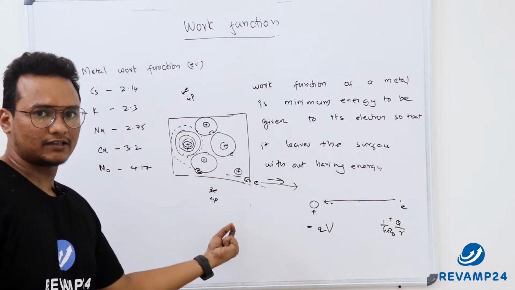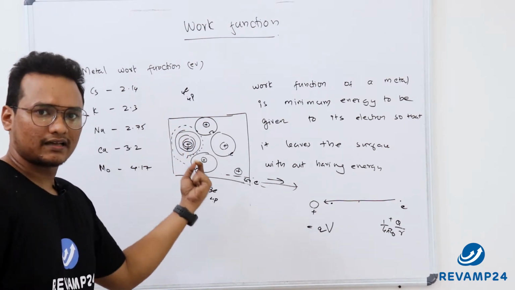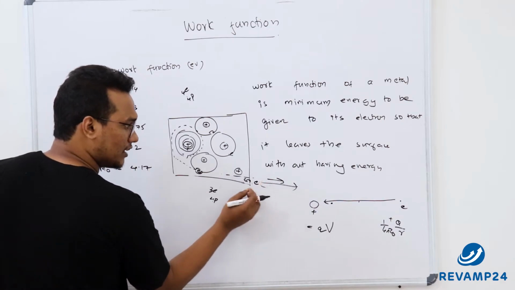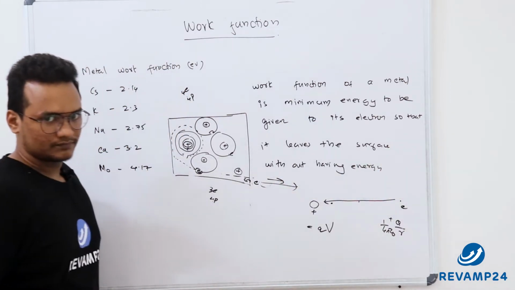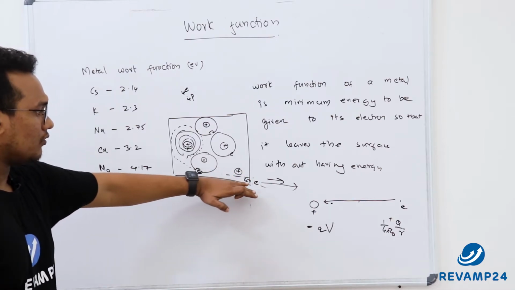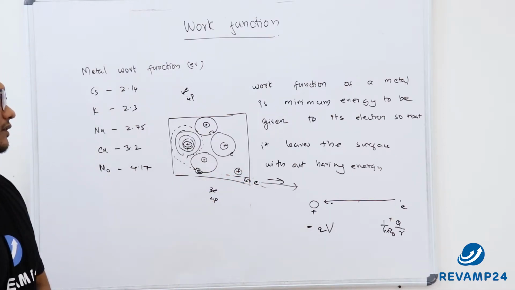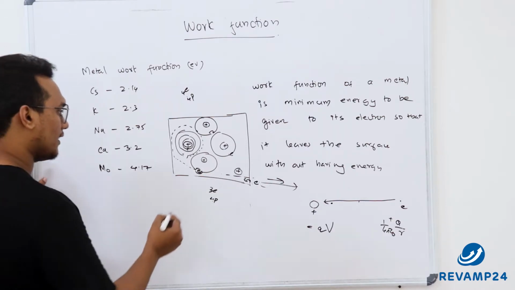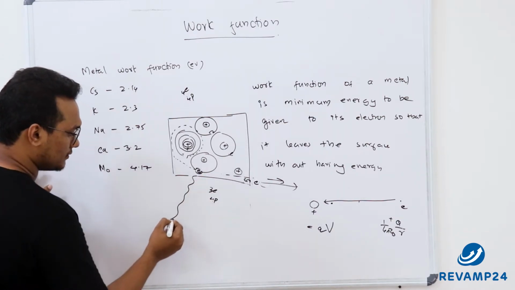So how does electron emission happen? The electrons carrying sufficiently high energy break the potential barrier and move out. Now how can an electron attain such a high amount of energy? This can be done with the help of light.